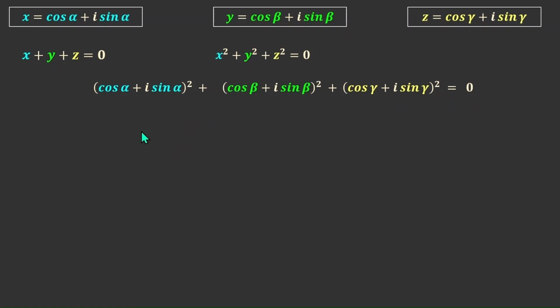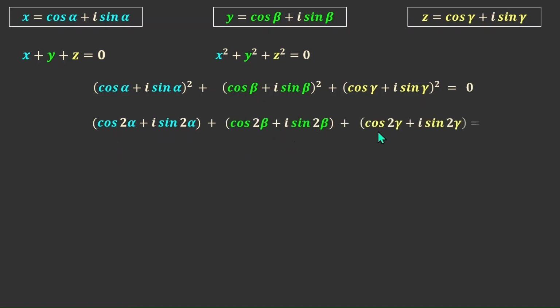And we can open it up using de Moivre's theorem as cos 2 alpha plus i sin 2 alpha plus cos 2 beta plus i sin 2 beta plus cos 2 gamma plus i sin 2 gamma. And so if this entire complex number is equal to 0, that must mean the real part is 0 and the imaginary part is 0. Now the real part of this entire complex number is cos 2 alpha plus cos 2 beta plus cos 2 gamma, and that is equal to 0.